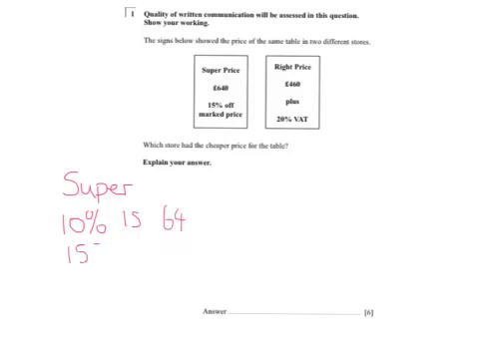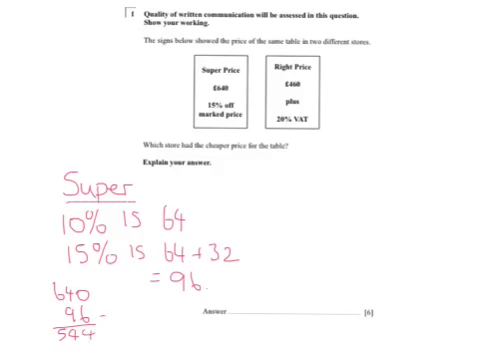Therefore 15% quite easily can be found: 64 plus 32, which is another 5%. So that's 96. Therefore 640 minus 96 is 544.